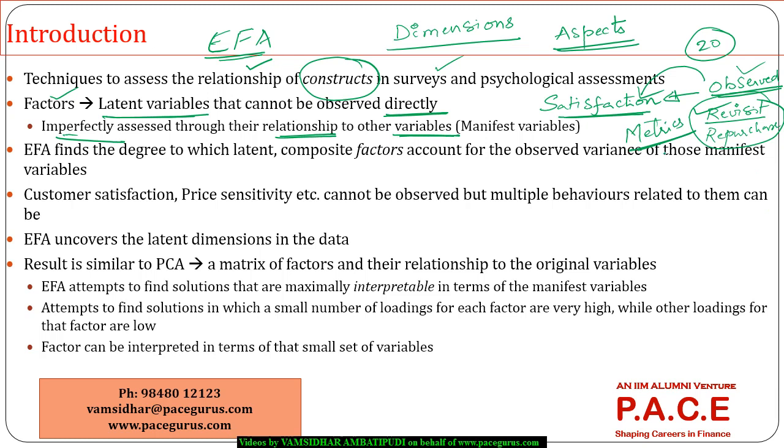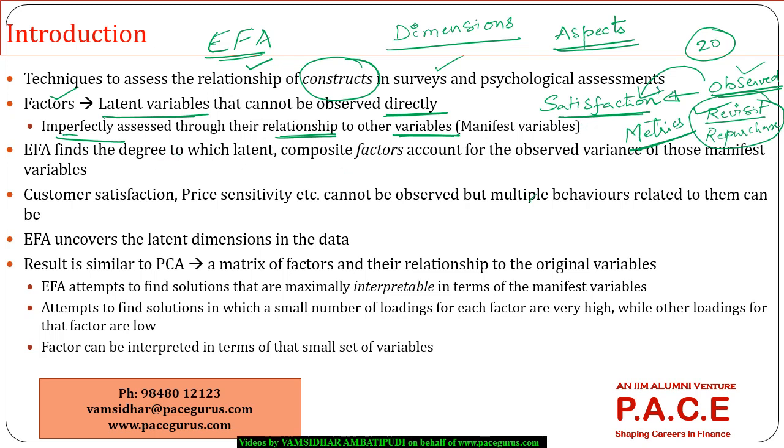Similarly, repurchasing a product may not be a direct correlation with the satisfaction, but all of them put together might define the satisfaction in a much better manner. So this is what we are trying to talk of here.